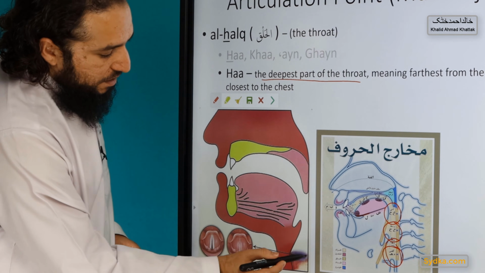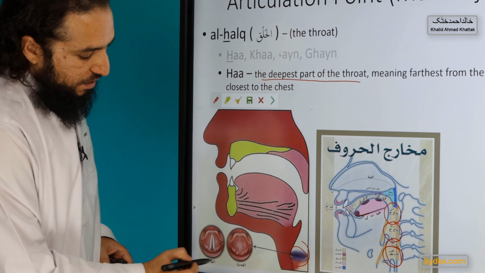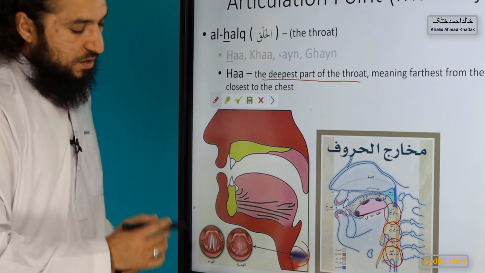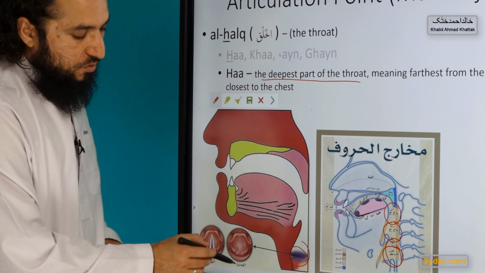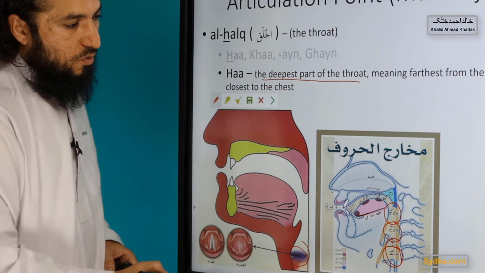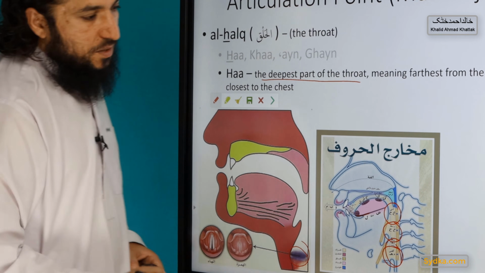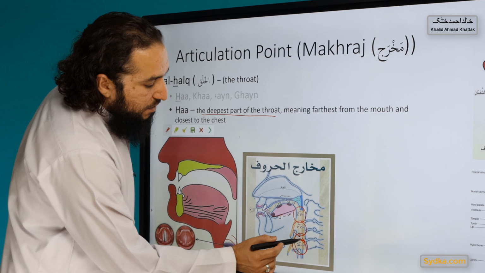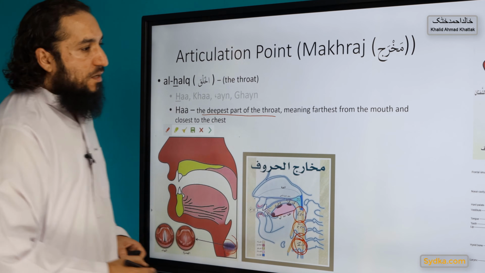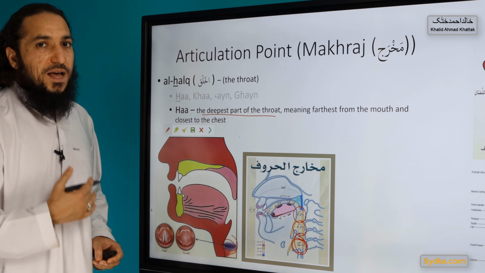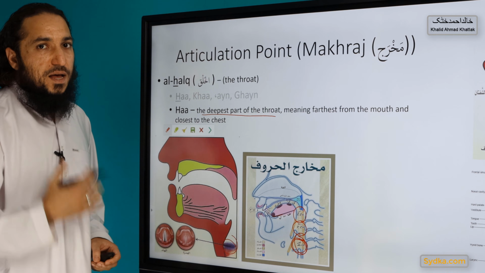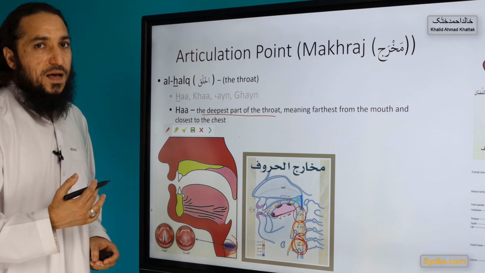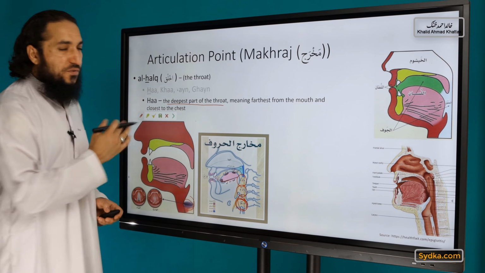In Ha, the vocal cords are slightly open compared to Hamza, which is almost closed. So the vocal cord remains slightly open, but it is pronounced from the deepest part of the throat. The sound is Ah, and the letter is Ha, okay?